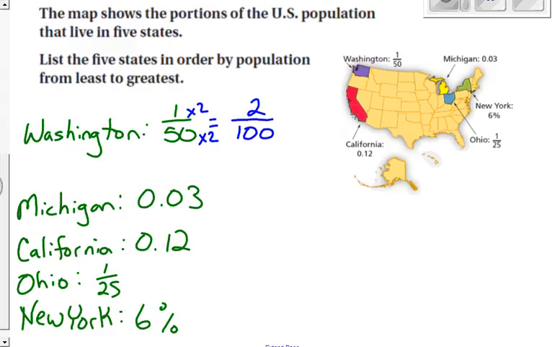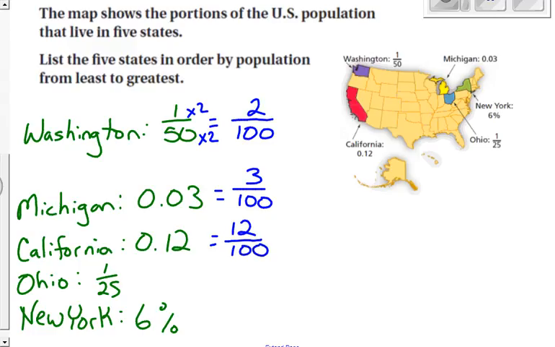Michigan has a population of 0.03, which if we say it mathematically is 3/100ths. So we know this is a fraction of 3/100. California has a population of 0.12, or 12/100ths. So we know this is a fraction of 12/100.